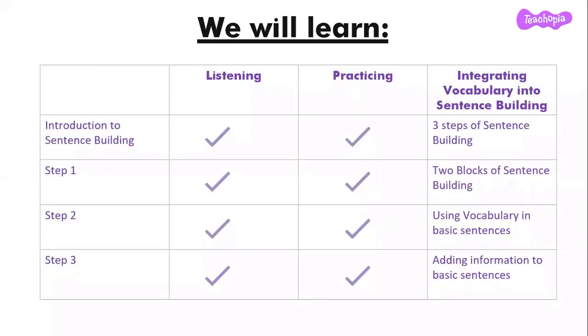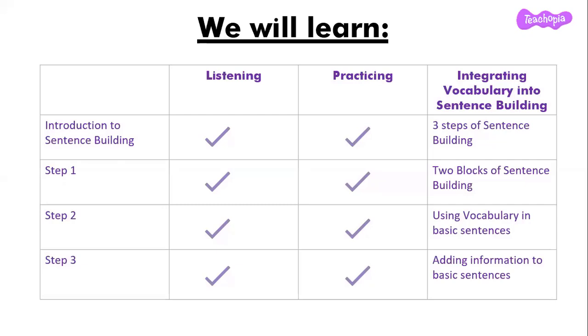So what are we going to learn in this module? We will be listening and practicing these steps. Firstly, we will look at an introduction to sentence building, that is 3 steps of sentence building. And then we will go through each of the steps one at a time. And we will also be practicing these steps in our own centers with speaking activities.